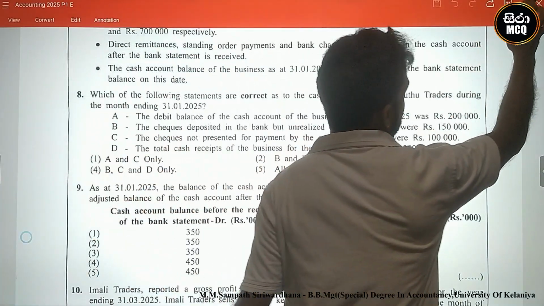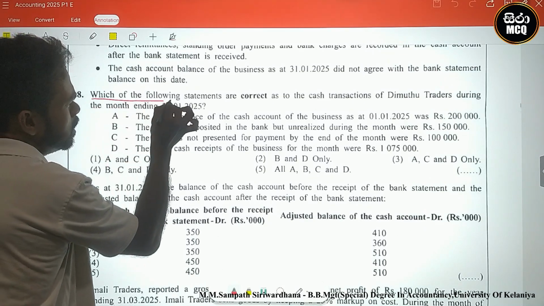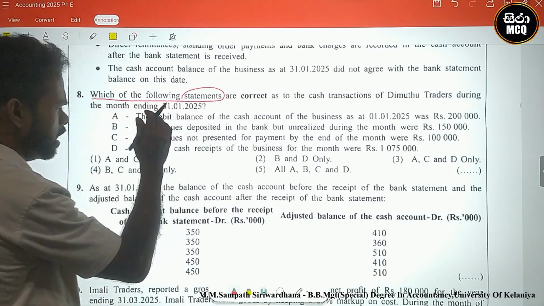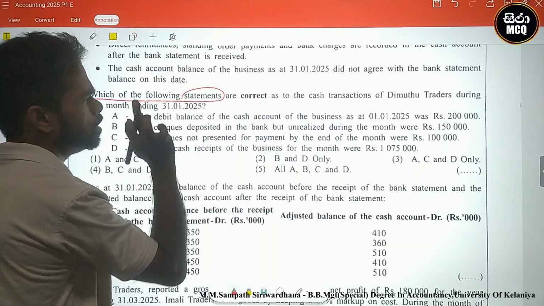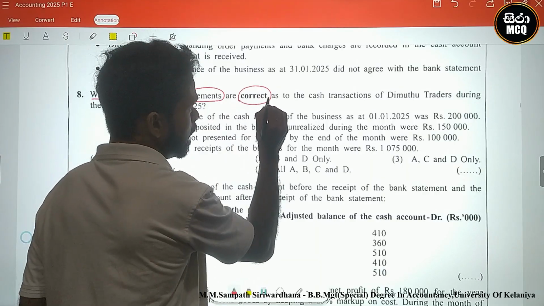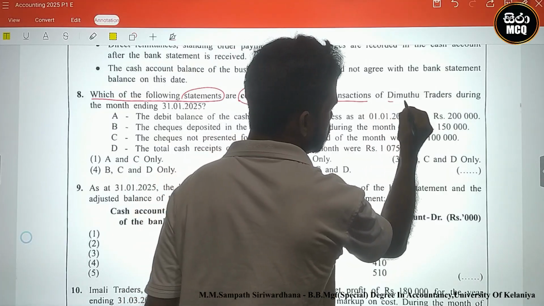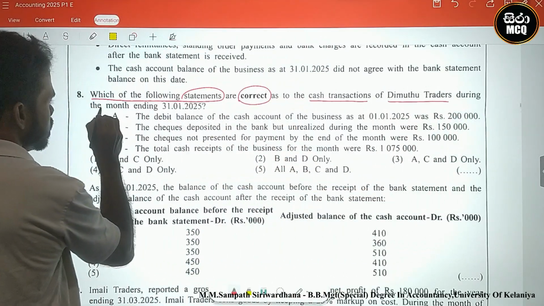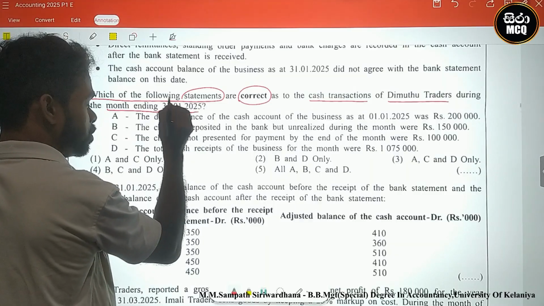Requirement. Look here. Which of the following statements, there are statements A, B, C, D. Which of the following statements are correct as to the cash transactions of Dimuthu Traders during the month ending 31st January 2025?